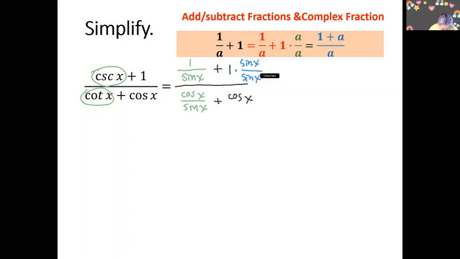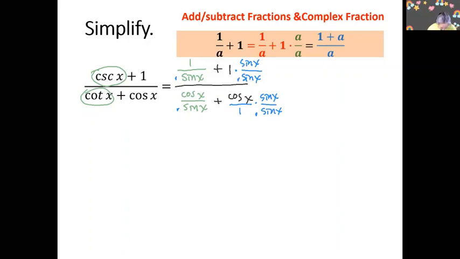Then also, this cosine on the bottom is over 1, and I can multiply by sine x over sine x. So this is sine x, this is sine x, and this is sine x, this is sine x, and they're all sine x. Then I can go ahead and combine them.